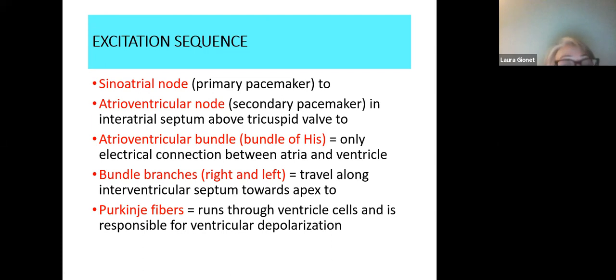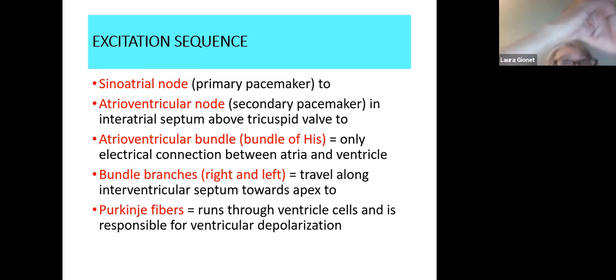So from that AV node, you're going to have this bundle, which kind of looks like a nerve bundle, that's going to travel to the ventricular septum. The septum is the muscular wall between the right ventricle and the left ventricle, and the bundle is going to carry this impulse to the ventricular septum.